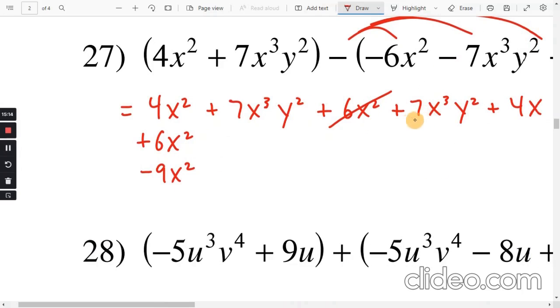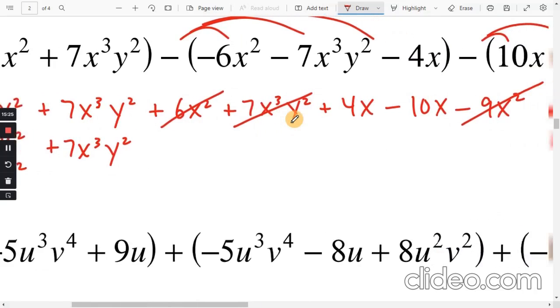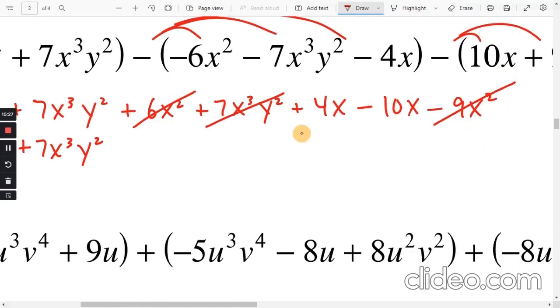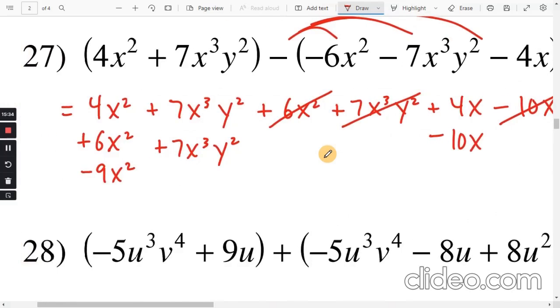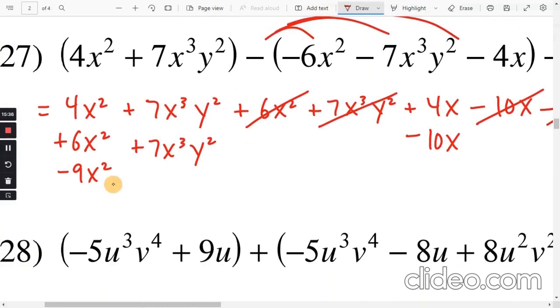Right here is also 7x to the 3rd y squared. We'll write it underneath. Okay, and 4x minus 10x, we can put the minus 10x underneath and cross out minus 10x. Now we just combine everything that's not crossed out.